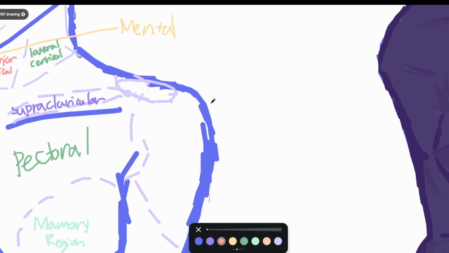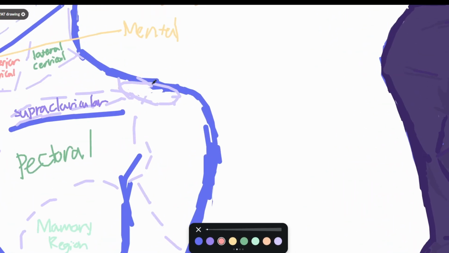Here you have this little point on your shoulder. It's one of the highest points in your body. You would call that the acromial region, which is also here. And here, let me switch.